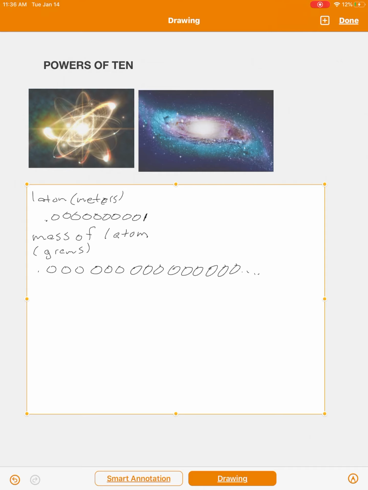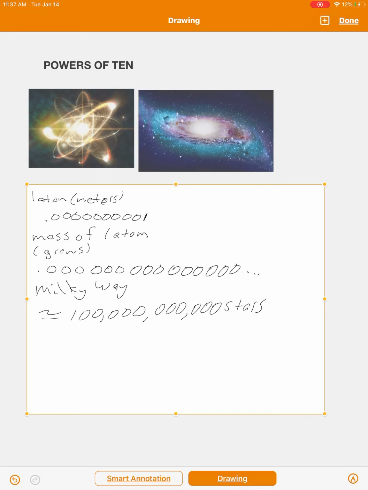Our Milky Way, that's our galaxy, the one that our star and our solar system are in, is believed to have around 100 billion stars. Okay, that's a pretty big number right there.